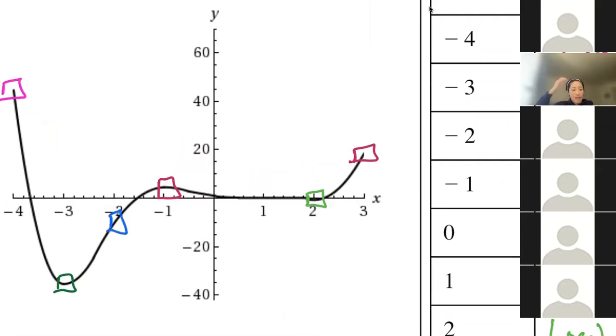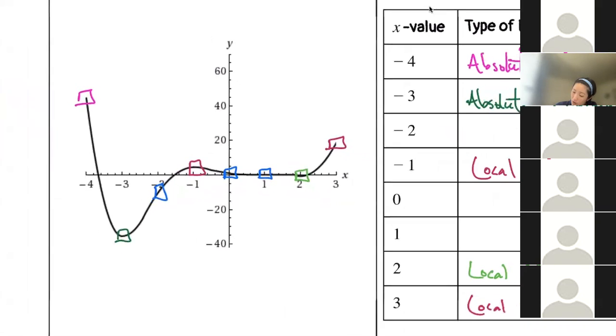Would we classify that as a minimum or a maximum? No, right? That blue point is clearly not that special in any way, unfortunately, okay? And if we go over to x equals 0, that point's not particularly special either. And this point right here, not particularly special.